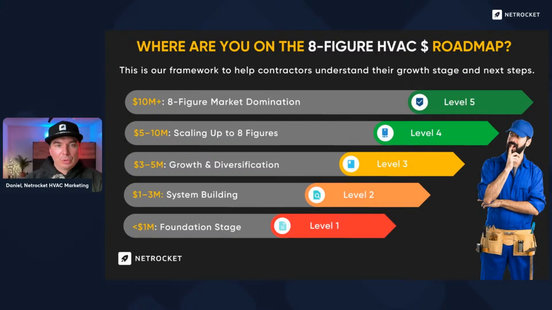Then level 2 is from 1 to 3 million in revenue. This is where you start building a system in marketing, in sales, and business overall. And level 3 is when you're trying to grow more actively and diversify inside the company, in marketing channels and everywhere.